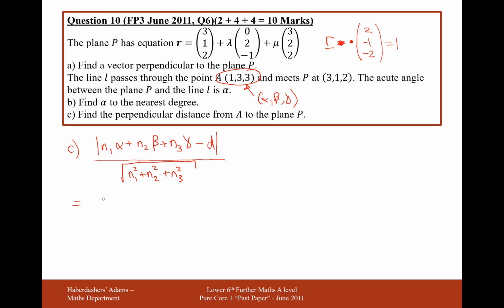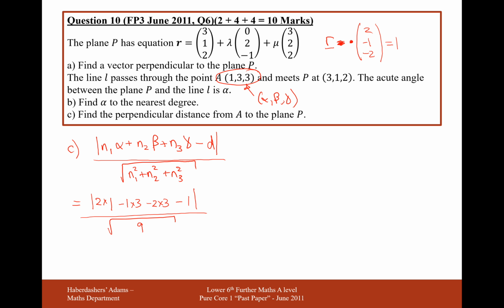Okay, so plugging this all into the formula, we're going to get 2 from this 2 on the n vector here times 1. And then we're going to get minus 1 times 3, and then another minus 2 times 3, and then we have to take away d, which is this value here, that's a 1, and then we divide through by the modulus of the n vector.